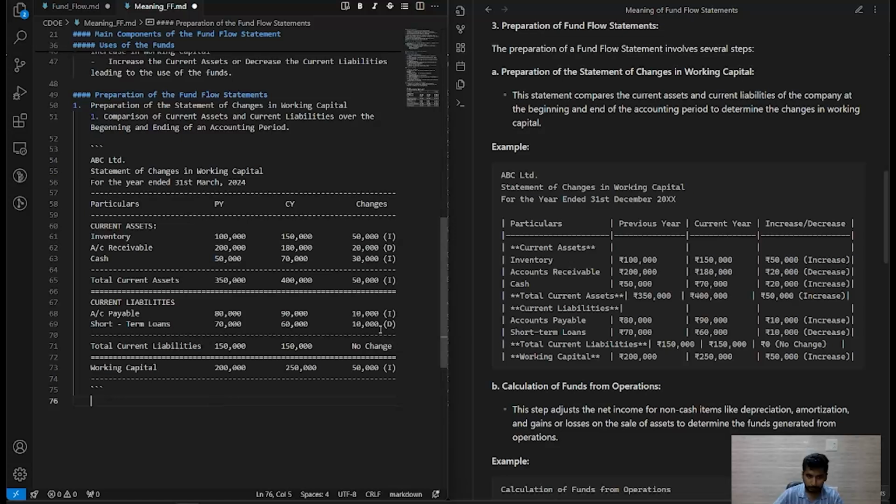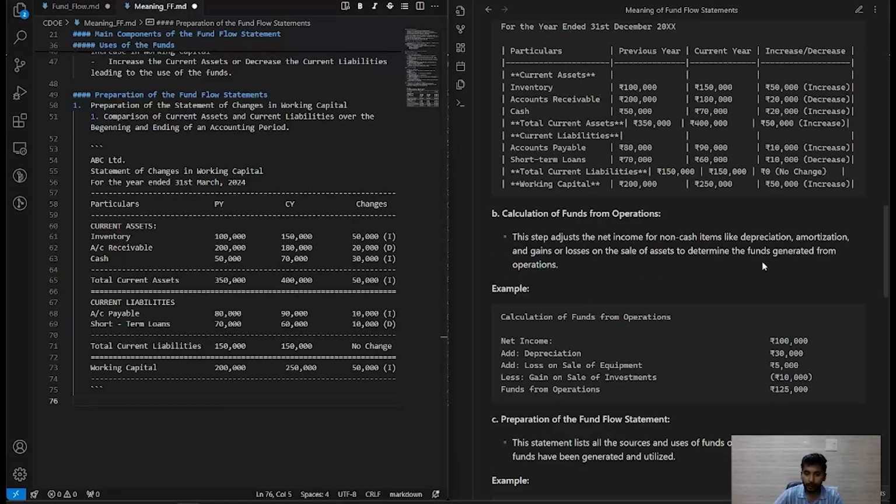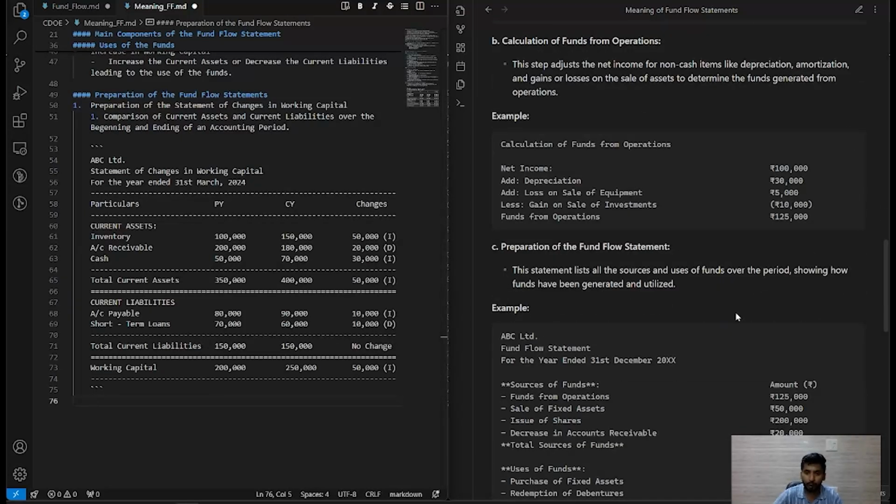Here, we will now calculate the fund from the operations. This step adjusts the net income for the non-cash items like the depreciation, amortization, and gains or losses from the sale of the assets to determine the funds generated from the operations.